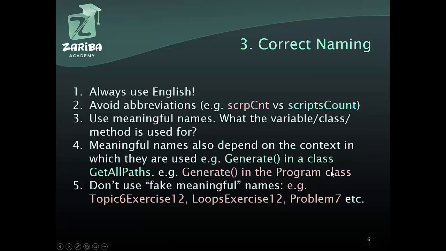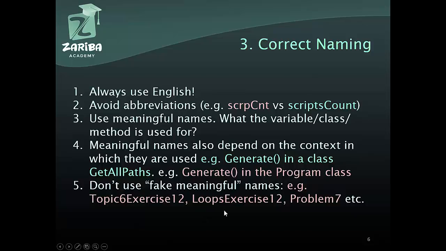And something which almost everyone has done in the first course: don't use fake meaningful names. This is topic 6, exercise 12. This doesn't give information to anyone, right? It's just from some book or homework or presentation or anywhere on the internet, you are solving exercise 12 in topic 6.